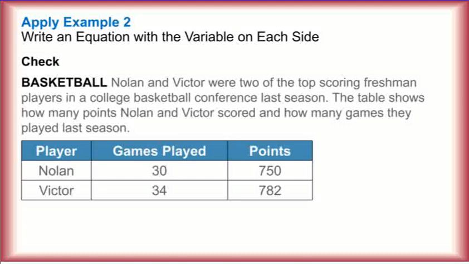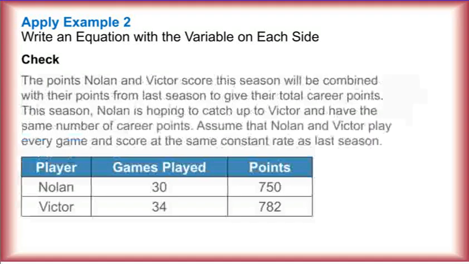Next, Nolan and Victor were two of the top scoring freshman players in a college basketball conference last season. The table shows how many points Nolan and Victor scored and how many games they played last season. So Nolan played 30 games and scored 750 points. Victor played in 34 games and scored 782 points.